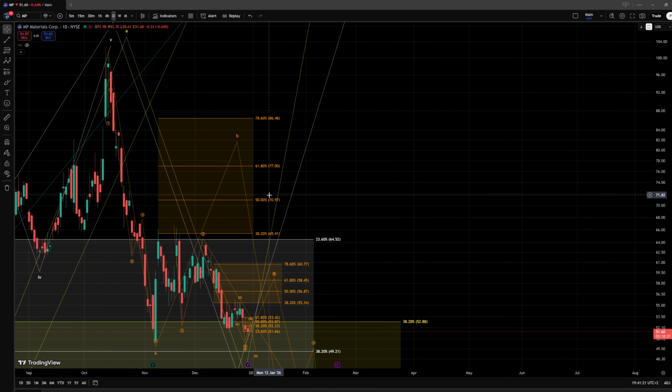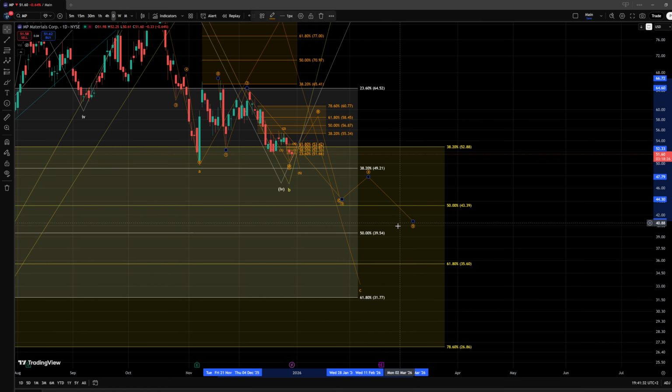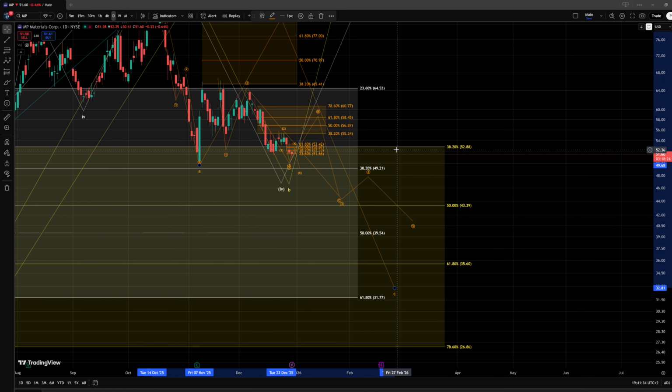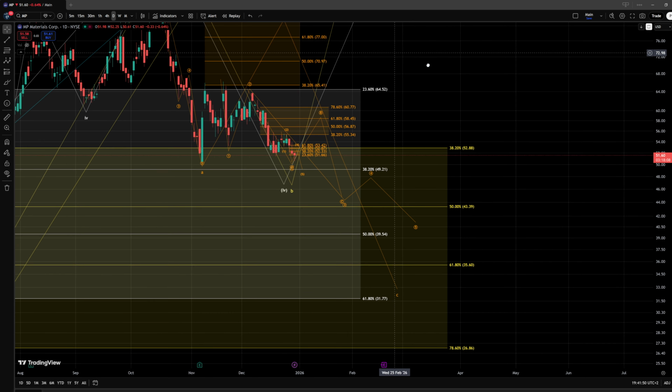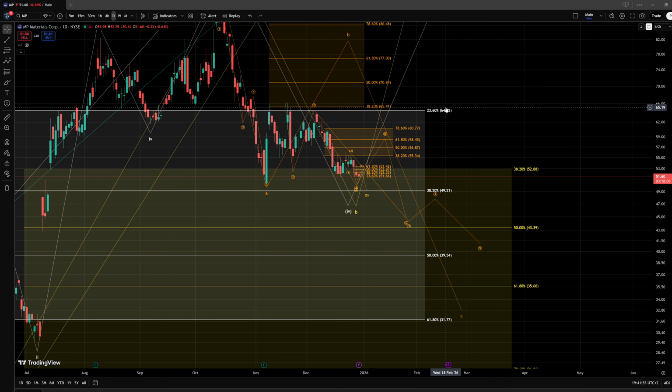Excuse me, let me track this on a larger scale. But yeah, it would not be continuation for the entire wave C to the downside, but an internal wave C within the wave 3 of this larger structure, because further price decreases are still expected for me on this chart at the moment, and we don't have any bullish signal, at least not one that I can see right now on the chart. And for now, these are the levels.